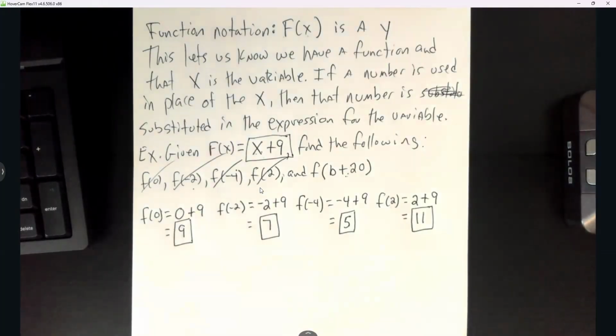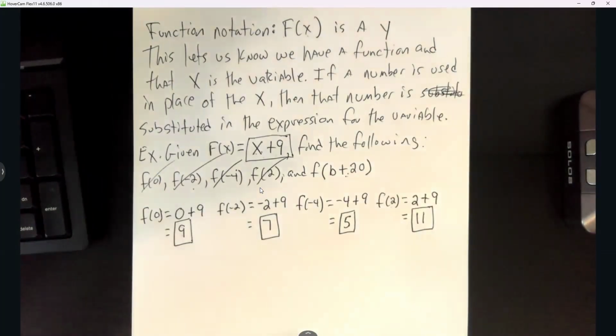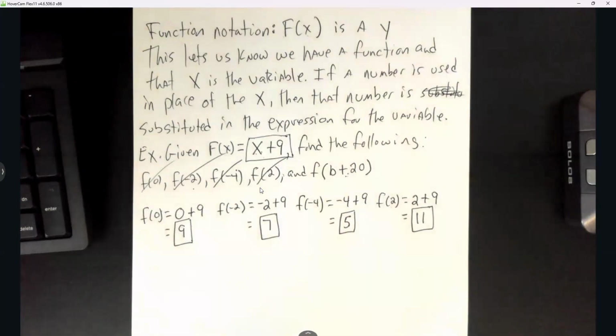And I think it's really because we can say stuff like, hey, find me f of 2. I don't have to say, hey, what's the y value when x is 2? That's a lot of stuff to say. All I got to do is say f of 2 instead of what's the y value when x is 2, okay?